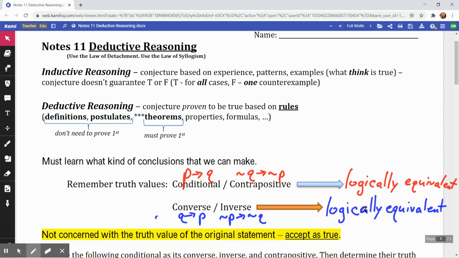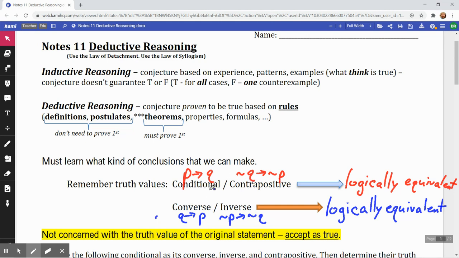And if you've forgotten what that means exactly, that just means if the converse is a true statement, the inverse will also be a true statement. It's a guarantee. So even though it's a different presentation, they have the same meaning. And the same goes here. Conditional, contrapositive, they have the same meaning, even though the presentation is a little different.